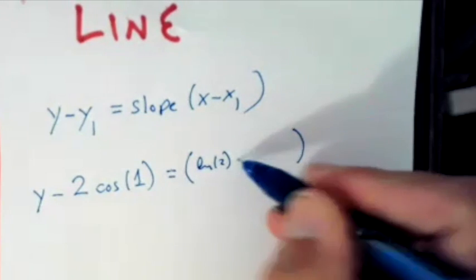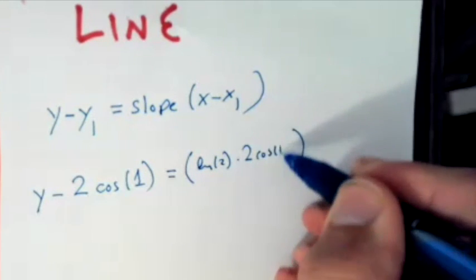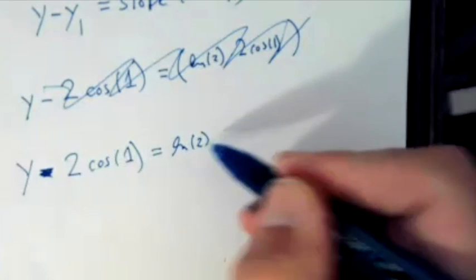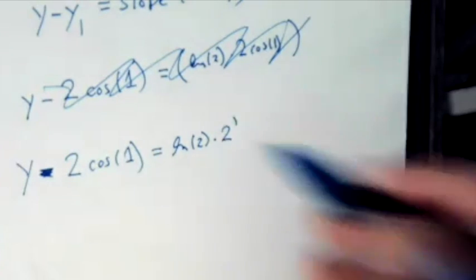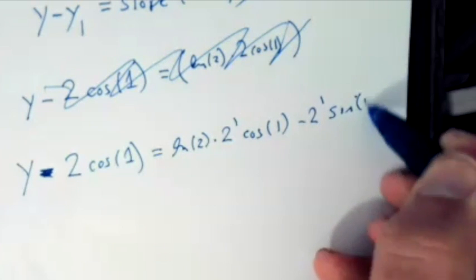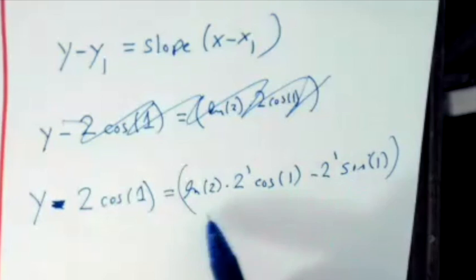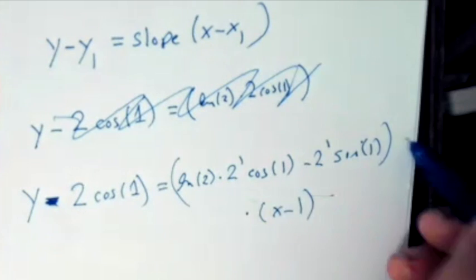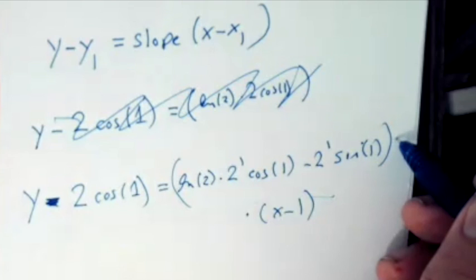So y minus 2 cosine of 1 is equal to ln of 2 times 2 to the 1 cosine of 1 minus 2 to the 1 sine of 1. That whole thing is my slope times x minus 1.